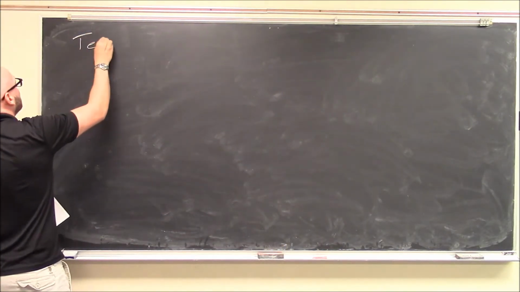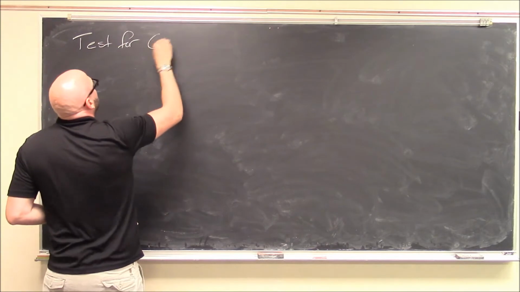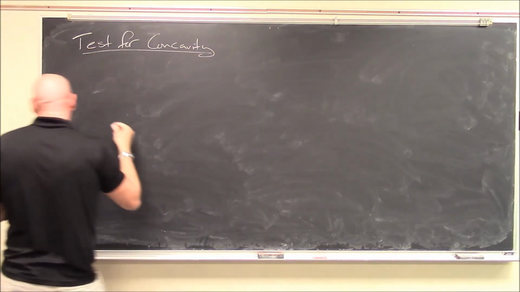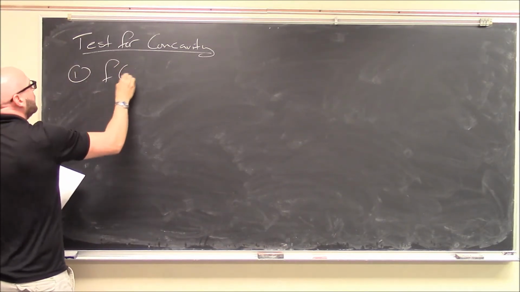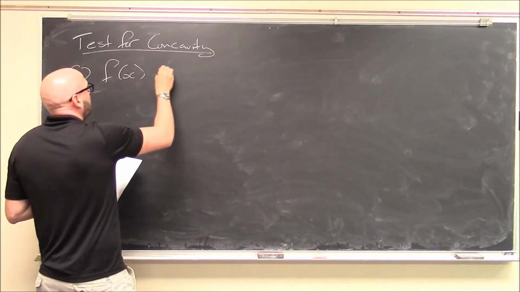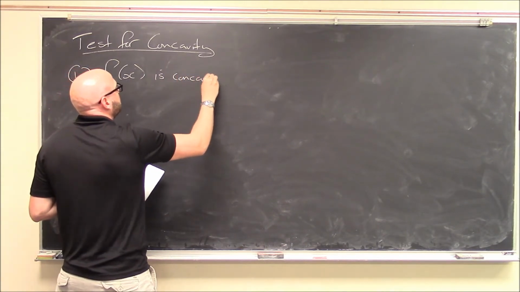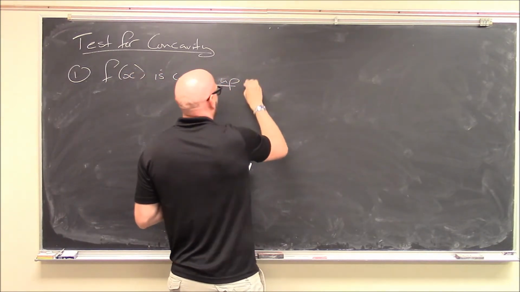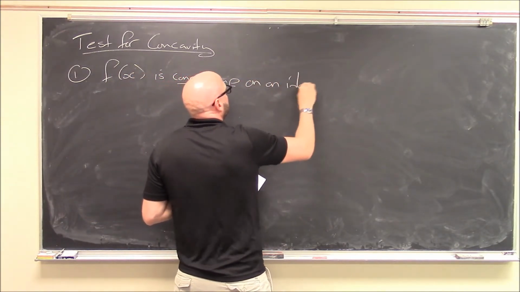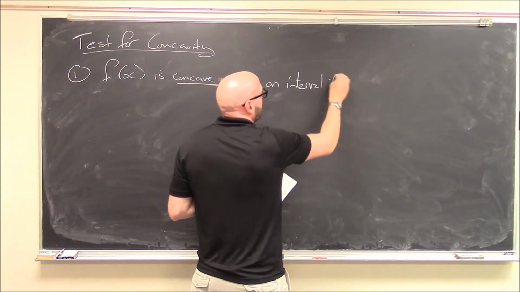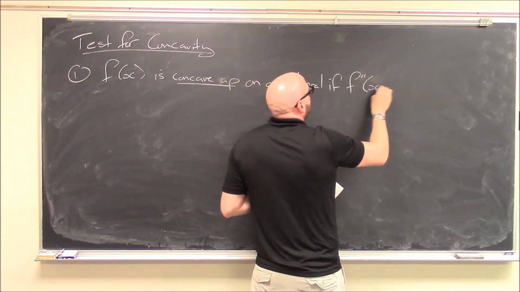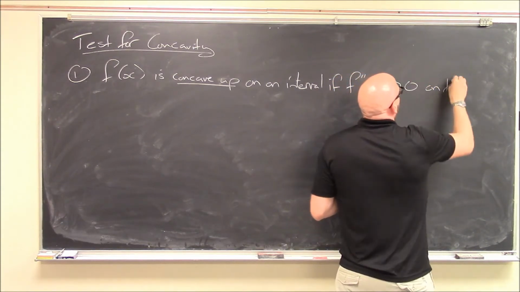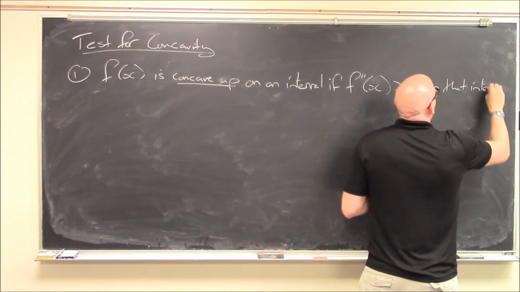So here's the test for concavity. Here's the test. 1, f of x is concave up on an interval if, as we just saw, the second derivative is positive on that interval.